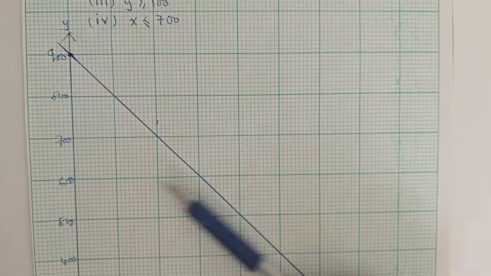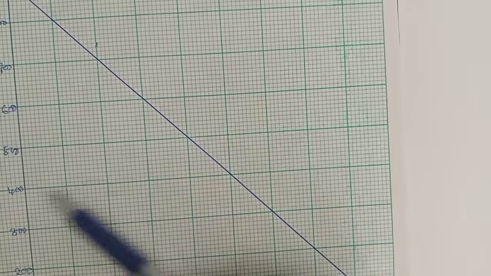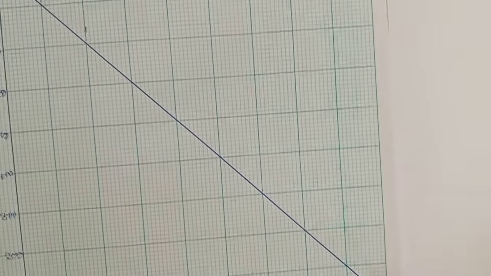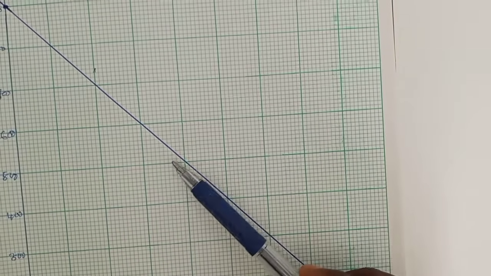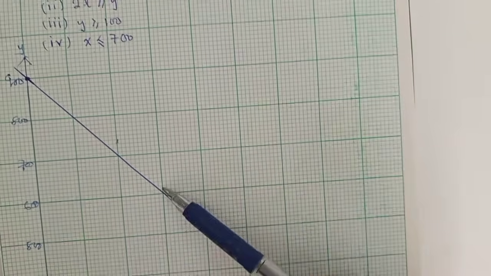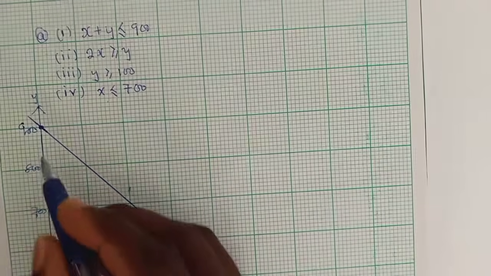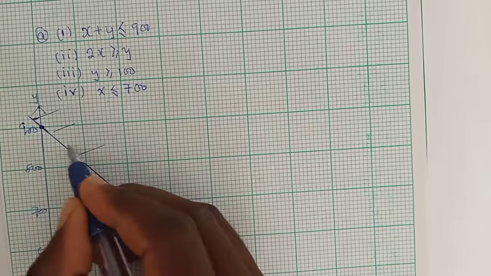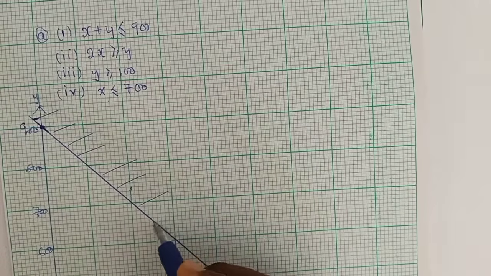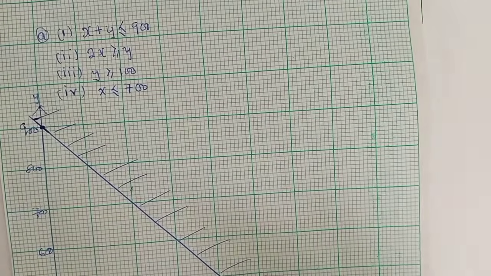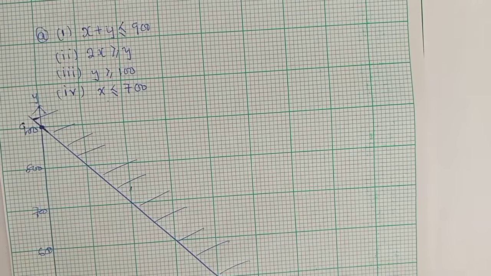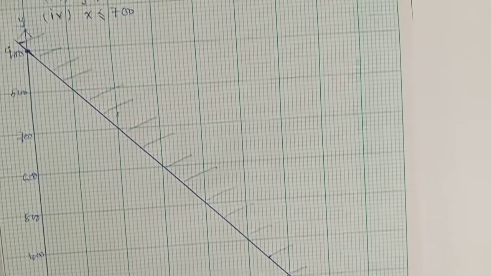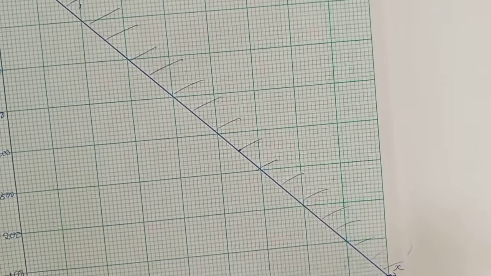This side is less. Now we shade the opposite. We shade the greater, because we don't want the greater. This is how we do this one. Up to the end you shade the greater.